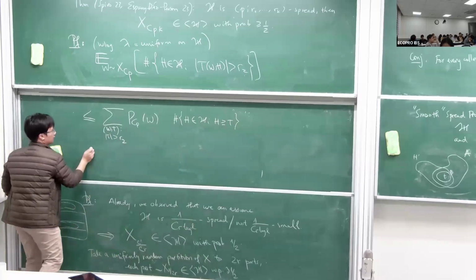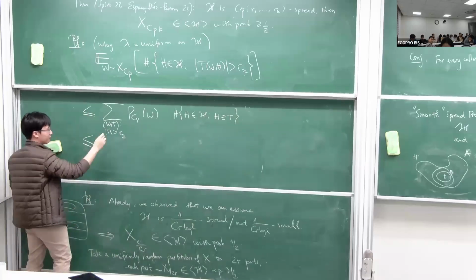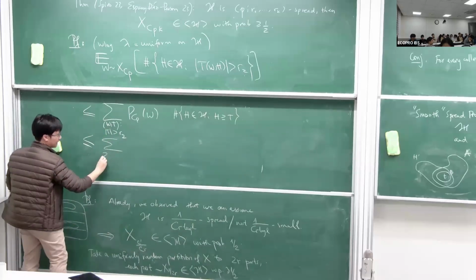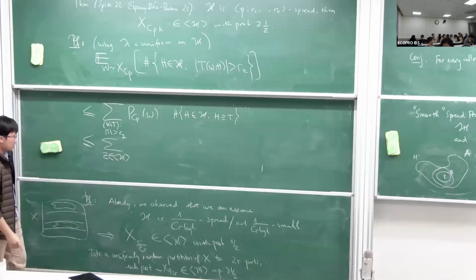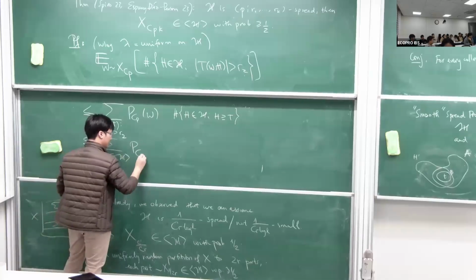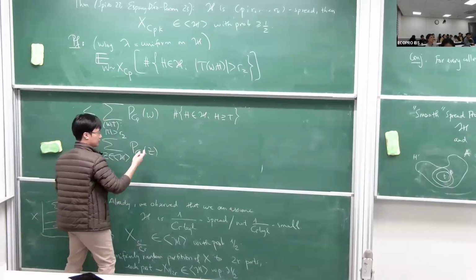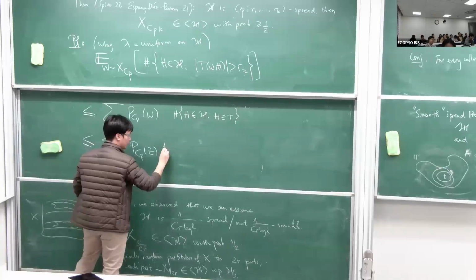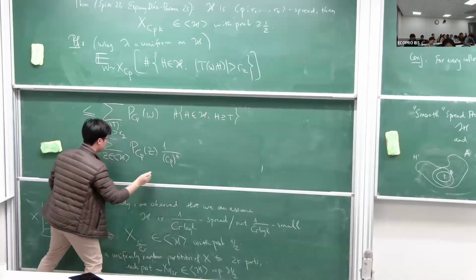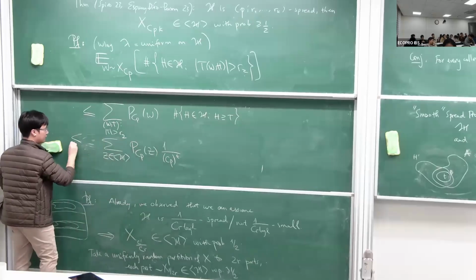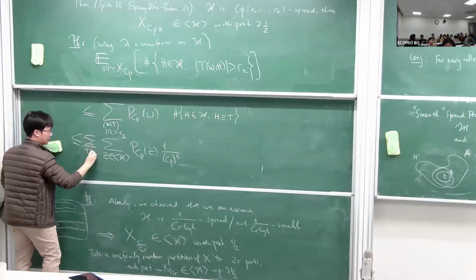Okay, I can now do the change of variable. So we upper bound it by the sum over Z, and we have the probability of Z. Let's remove some of the small factors already. So the main factor we need to remember is 1 over Cp to the T. Let's put here the sum over T at least R2.